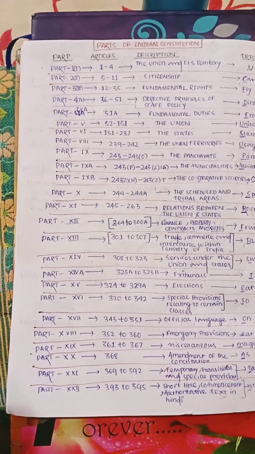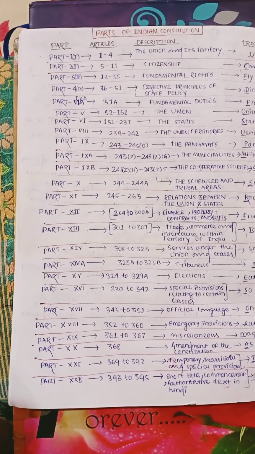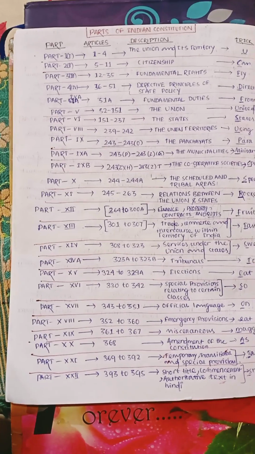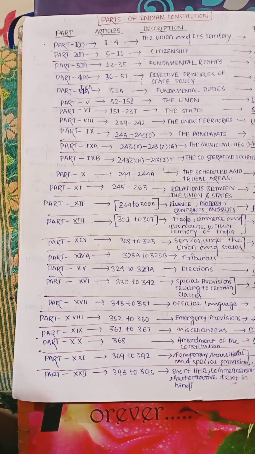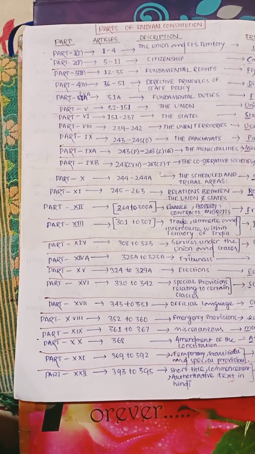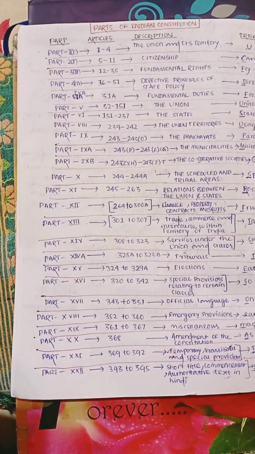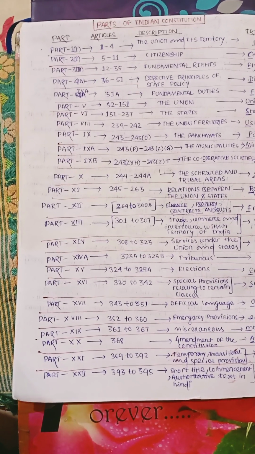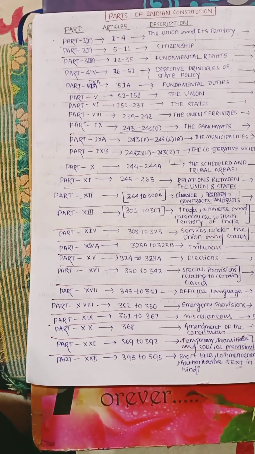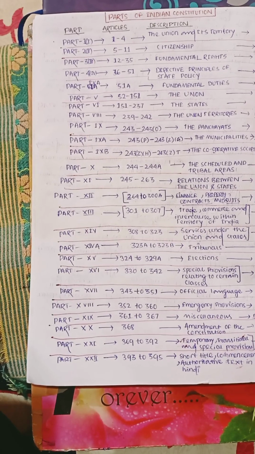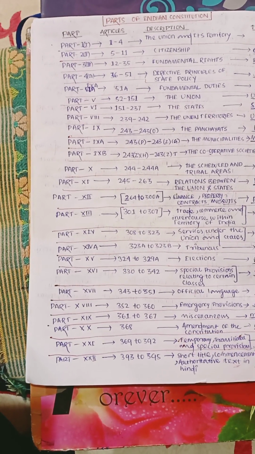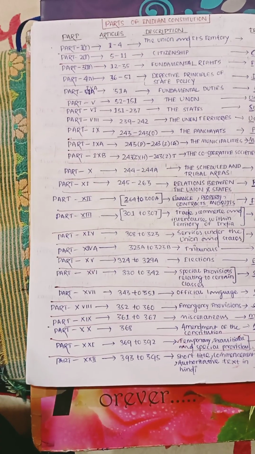Okay. So from part 12 to part 22, we remember that in part 12, finance, property, contracts and suits are given. So we remember by using trick fruit. To remember part 13, trade, commerce and intercourse within territory of India, the trick was taste.